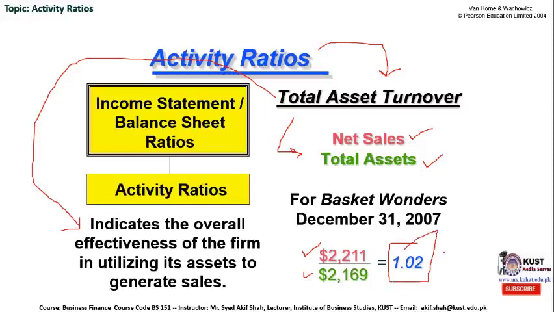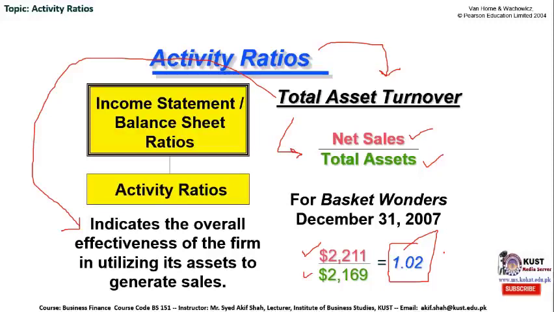It means that if the total asset turnover ratio is greater than 1, on average, from a generic perspective, we can say that the company is not performing badly at all.